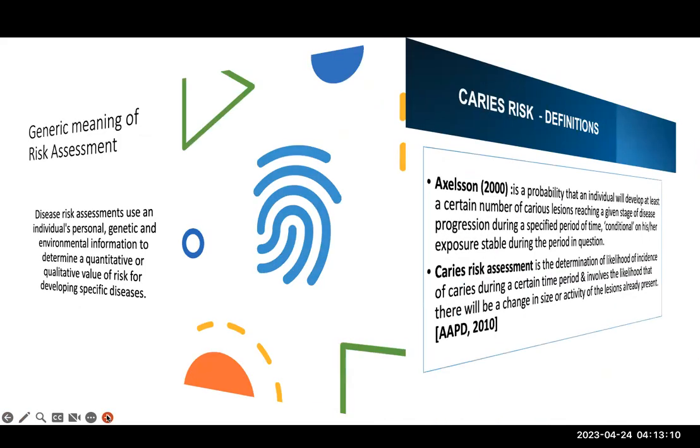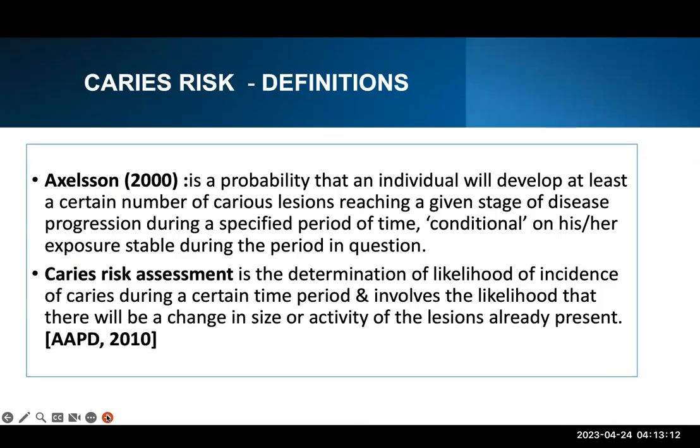And when we talk of caries risk, Per Axelsson in 2000 gave a very good definition: it is the probability that an individual will develop at least a certain number of carious lesions reaching a given stage of disease progression during a specified period of time, conditional on his or her exposure stable during the period in question. So that means it is individualized risk which is being mentioned.